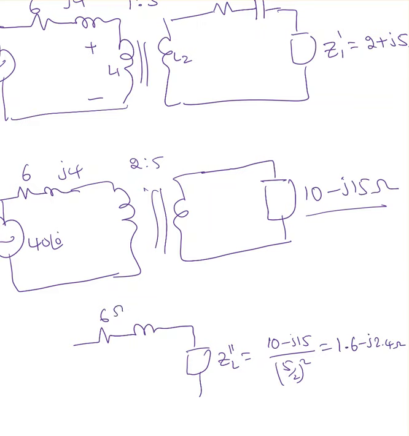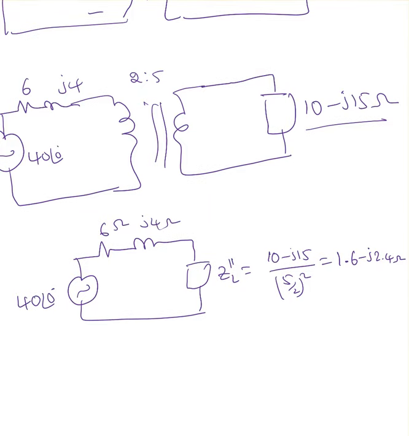I have already 6 ohm and j4 ohm, and the source voltage is 40 at an angle of 0. Now I can find the Z total or Z input, which is 6 plus j4 plus 1.6 minus j2.4. This will be 7.6 plus j1.6, in rectangular format in ohms.